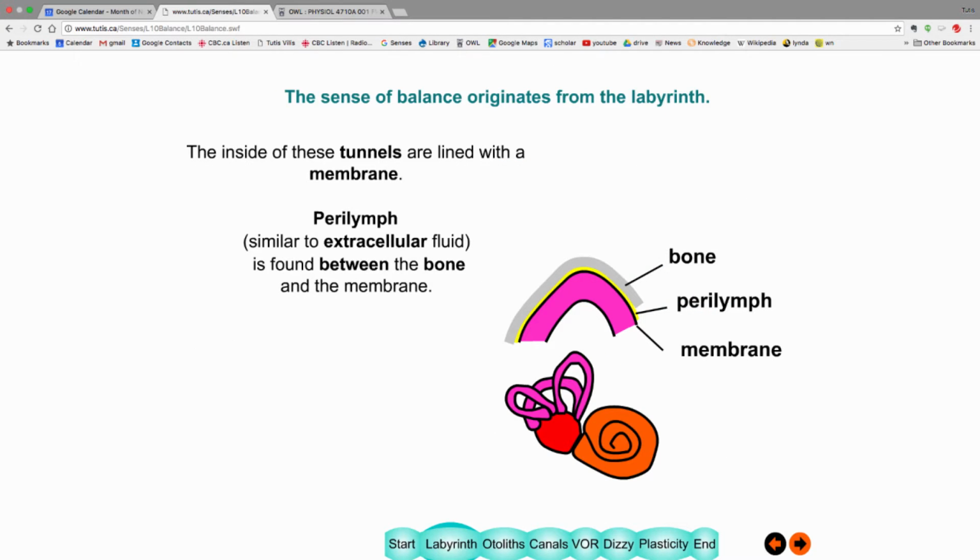Now, inside these tunnels, there's a membrane, and on the outside of the membrane, so between the bone and the membrane, is a fluid called the perilymph, which is sort of like extracellular fluid.